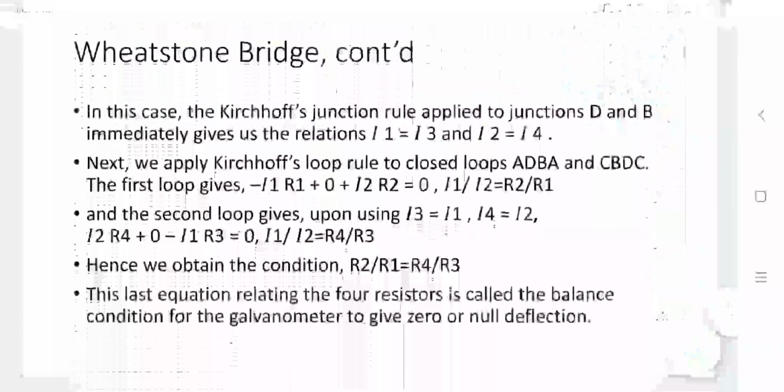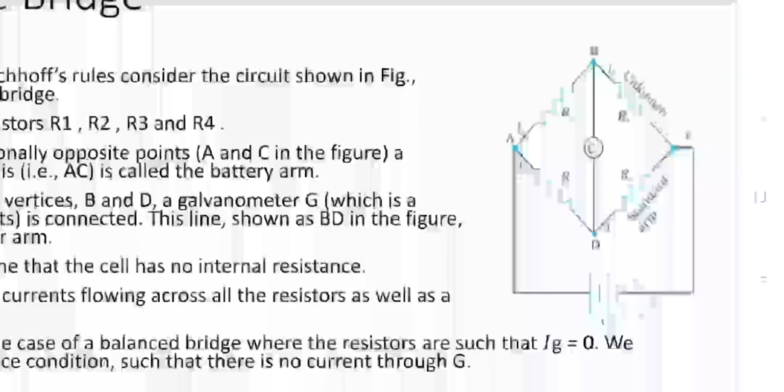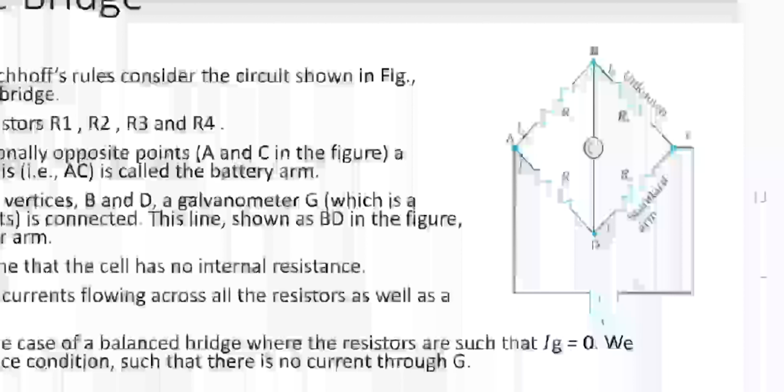Now, here we are going to apply the Kirchhoff loop rule. Let us apply it in the first triangle loop. My equation becomes minus I1 R1, that is the potential difference between A and D, minus 0 or plus 0, doesn't matter, because the galvanometer has no internal resistance, so no potential drop is there.